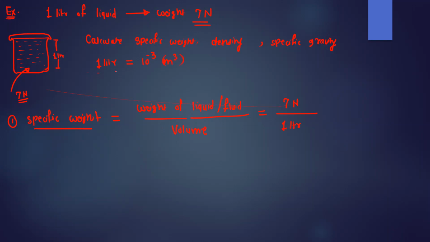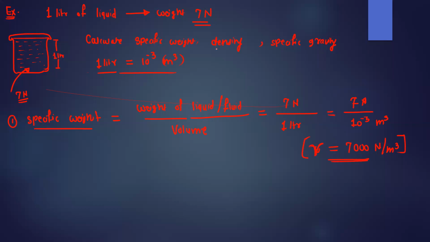So this is the conversion of liter into meter cube. So we can directly write 7 Newton upon 10 to the power minus 3 meter cube. Finally, 10 to the power minus 3 in the denominator gives 1000, so total is 7000 Newton per meter cube. So this is the specific weight, which you can denote as gamma.